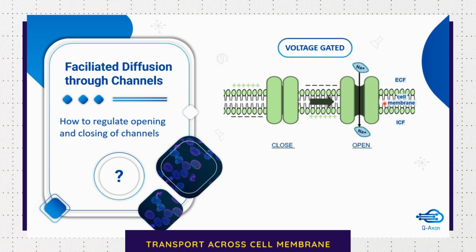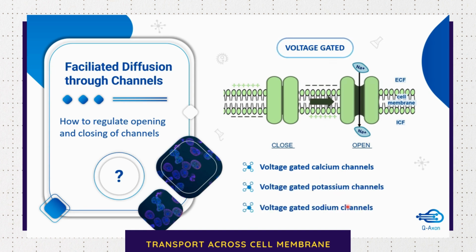Now, depending on which ions the channel is allowing, we have voltage gated calcium channels, voltage gated potassium channels or voltage gated sodium channels, then chloride channels may also be there. But remember that once the channel opens, it will always allow the movement of ions from higher concentration to lower concentration, that is along its concentration gradient.